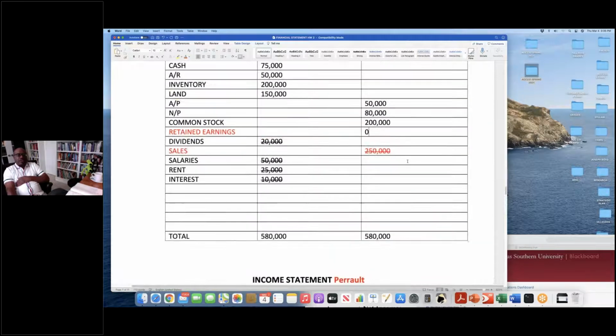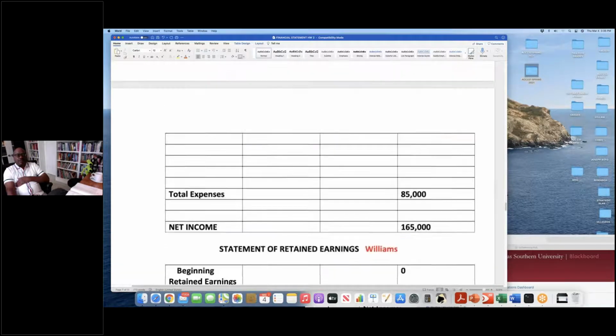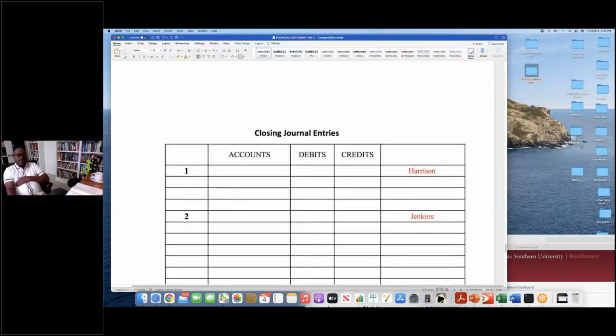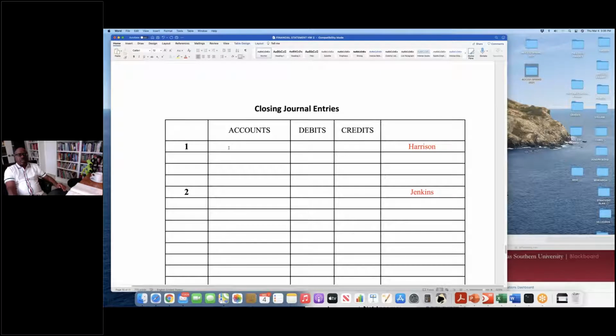The first thing we're going to do is close out sales. So to close sales out, we have to debit it. So this is closing entry 1, debit sales and credit income summary, a temporary account that we have to handle the closing.